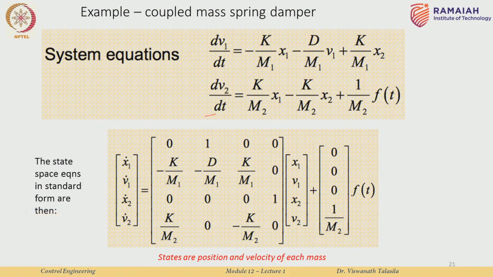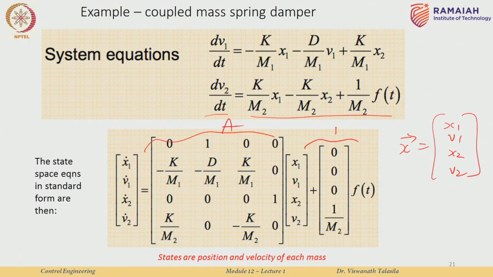In a similar way, we can derive the expressions for dv2, alright. So we get these terms over here. Put everything together in exactly the same way as we have done before. Remember that the states were x1, v1, x2, v2, and then you get this A matrix over here and the B matrix, in exactly the same way as we have done before.